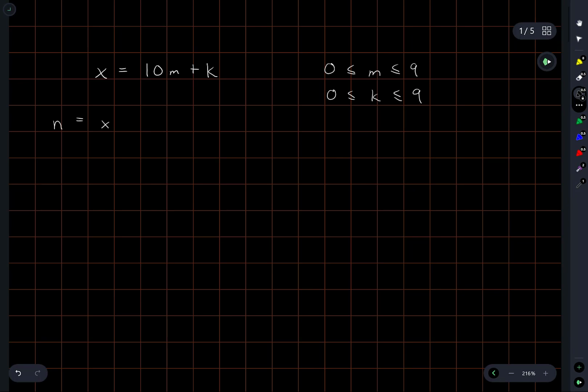We'll let n be equal to x squared, which if we expand is equal to 100m squared plus 10 times 2 times m times k plus k squared.